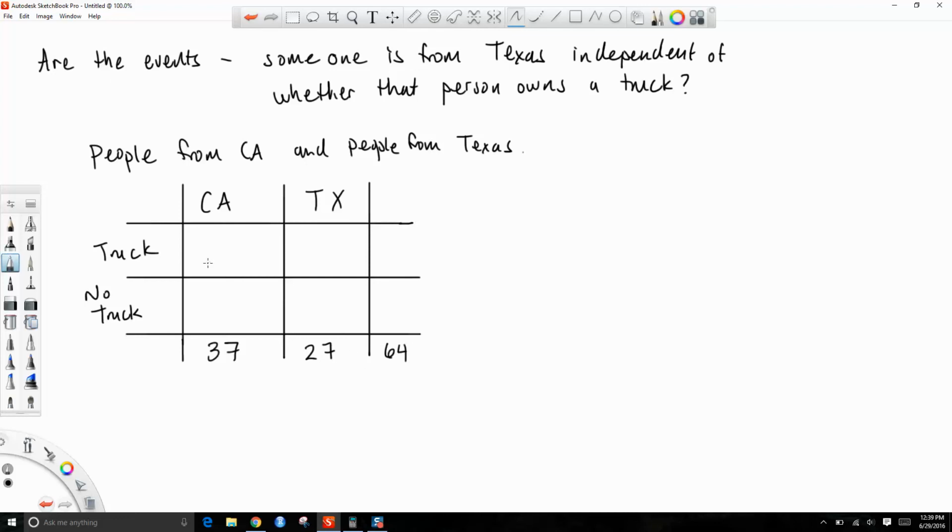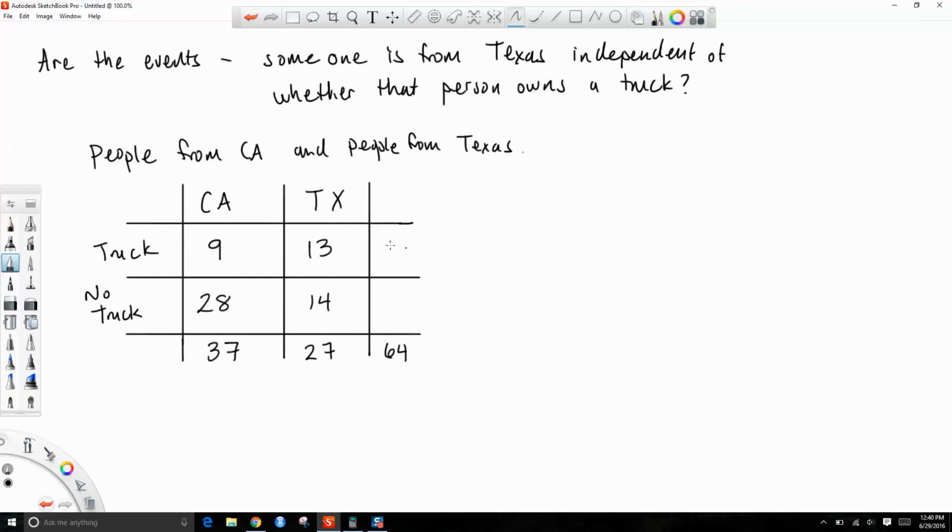Okay, so I'm just going to completely make up numbers. Don't get mad at me. So we'll say in California, I don't know, 9 million own a truck and 28 million do not. And in Texas, we'll say 13 million own a truck and 14 million do not.